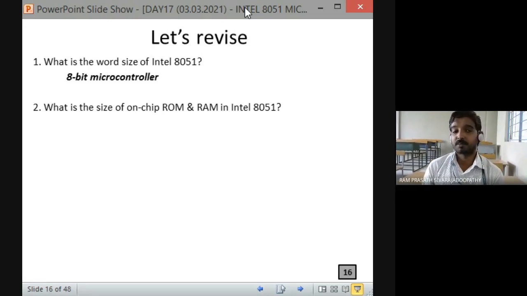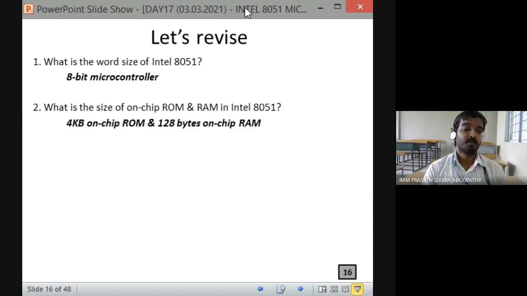Which one do we call program memory and which one do we call data memory? Yes, ROM means program memory or code memory. RAM can be called data memory. Okay, fine. So on-chip ROM is 4 KB, and on-chip RAM is 128 bytes.